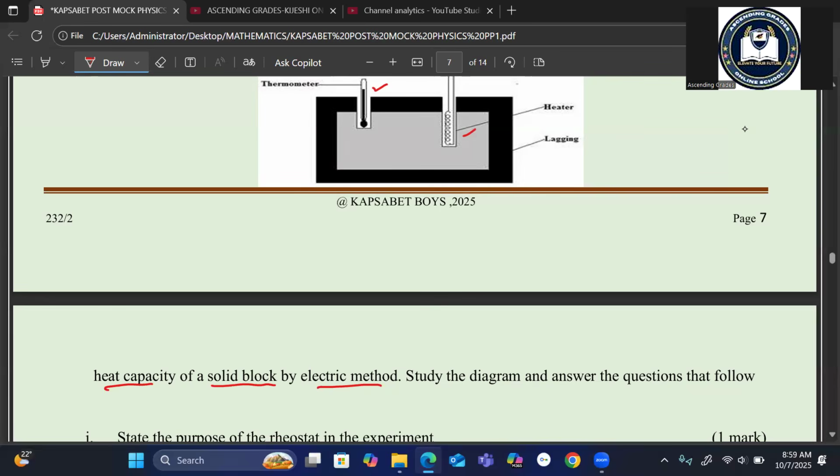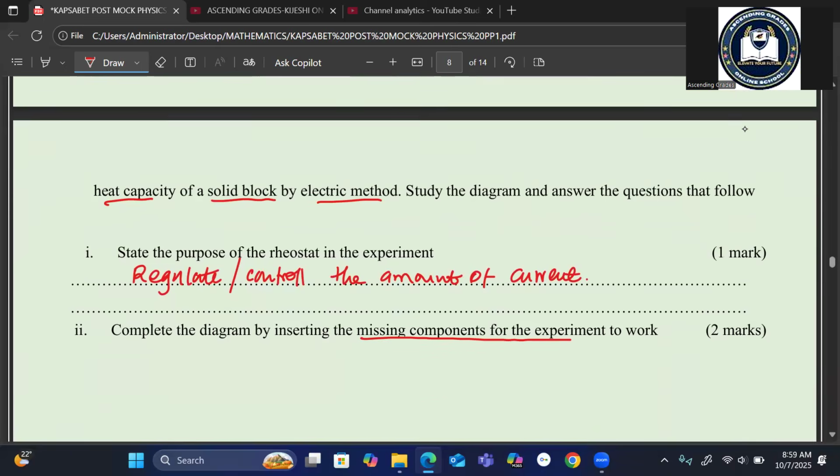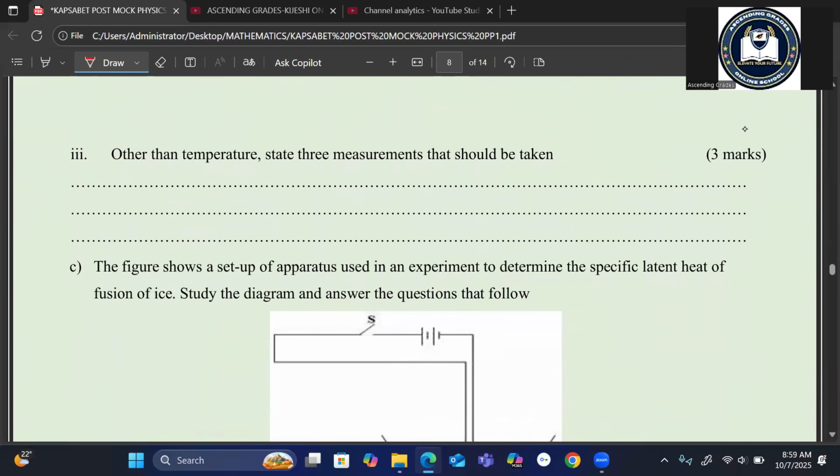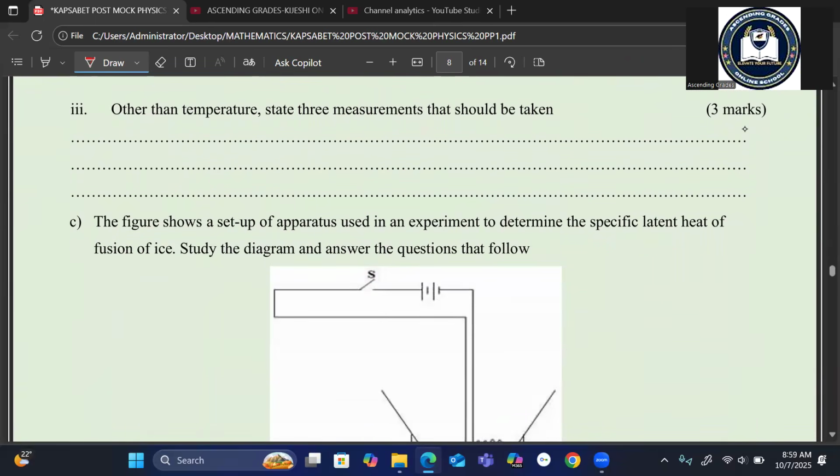Then the next question says, other than temperature, state 3 measurements that should be taken. In this case, I had given previously energy or work done by an electrical heating device, which will be given by VIT.